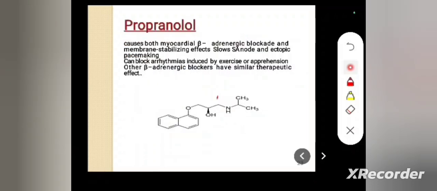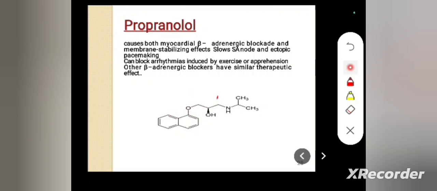All of you know. Next, the chemistry of propranolol. The first drug of the beta blockers is propranolol, and all of you know propranolol is a propanolamine derivative, developed from dichloroisoproterenol by inserting the methoxy linkage.